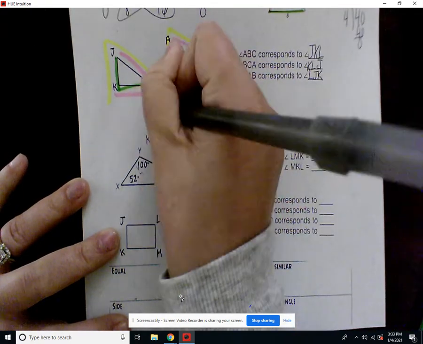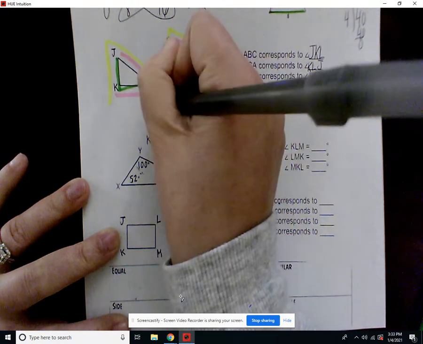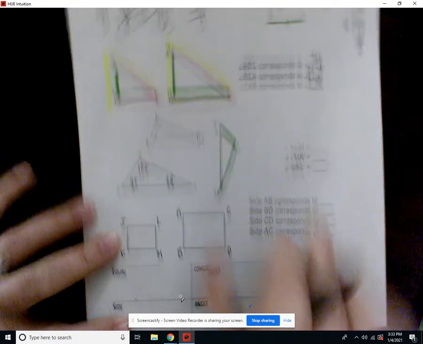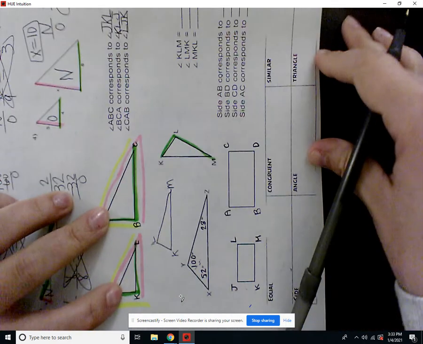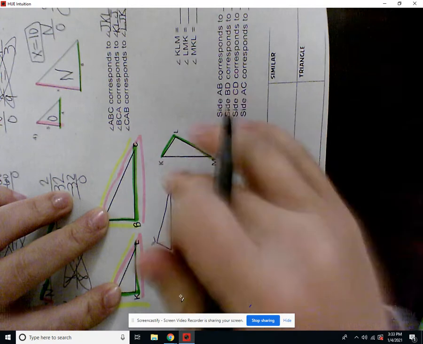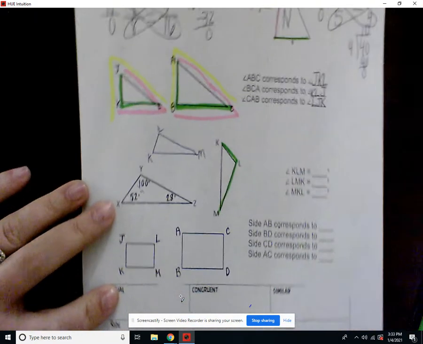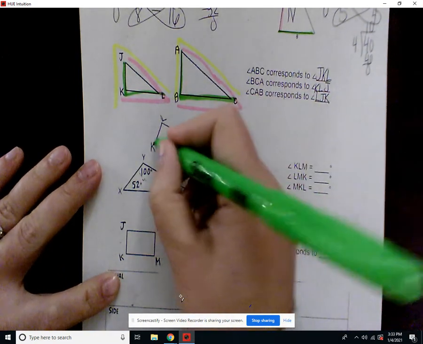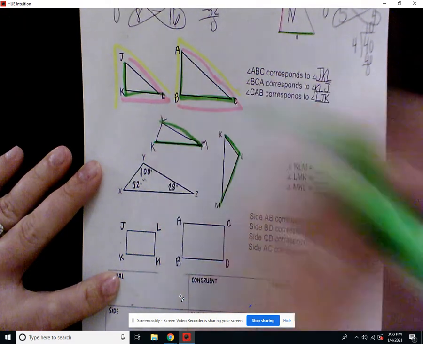So K, L, M. And again, we just turned the figure, so you can turn your page, you can kind of see what it needs to look like. So L is at the top, and then K and M on the bottom. All right, so we have K, L, M.